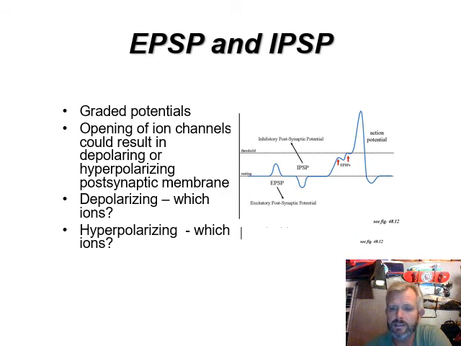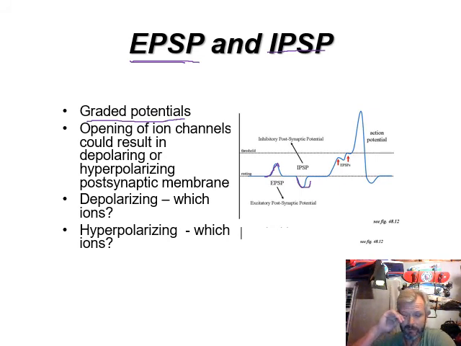Okay, we already discussed a little bit of graded potentials and opening channels, but we can get excitatory postsynaptic potential. Excitatory in that it is depolarization. We can have inhibitory postsynaptic potential, and those would be graded potentials that cause hyperpolarization.